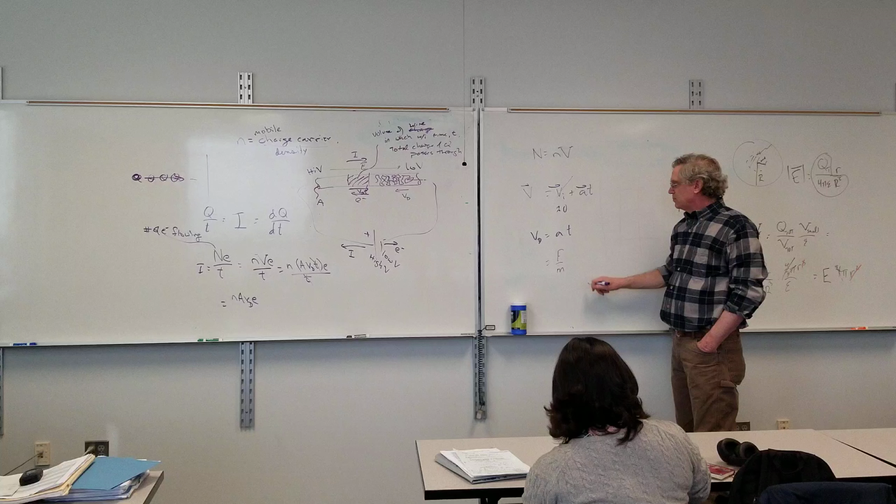Time goes away. And so I've simplified my current down to the charge carrier density, cross-sectional area of the wire, drift speed, and the magnitude of the charge of an electron.